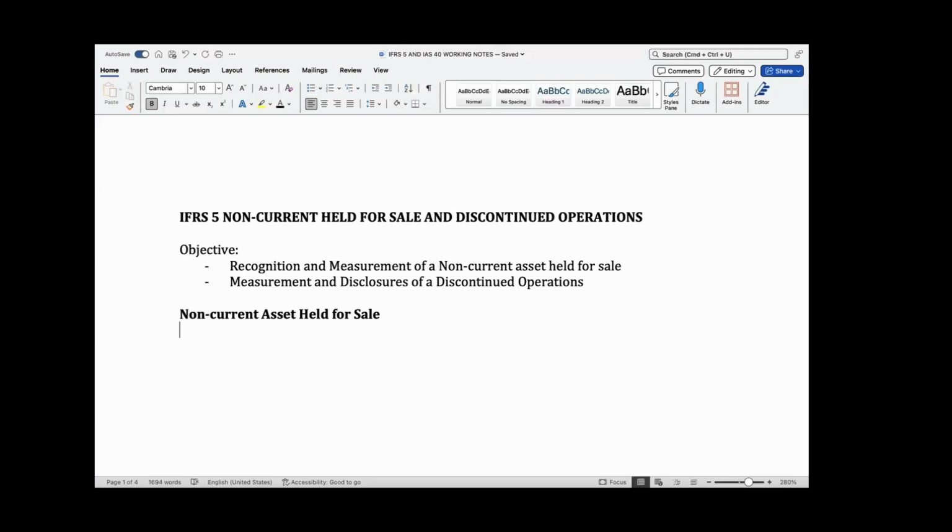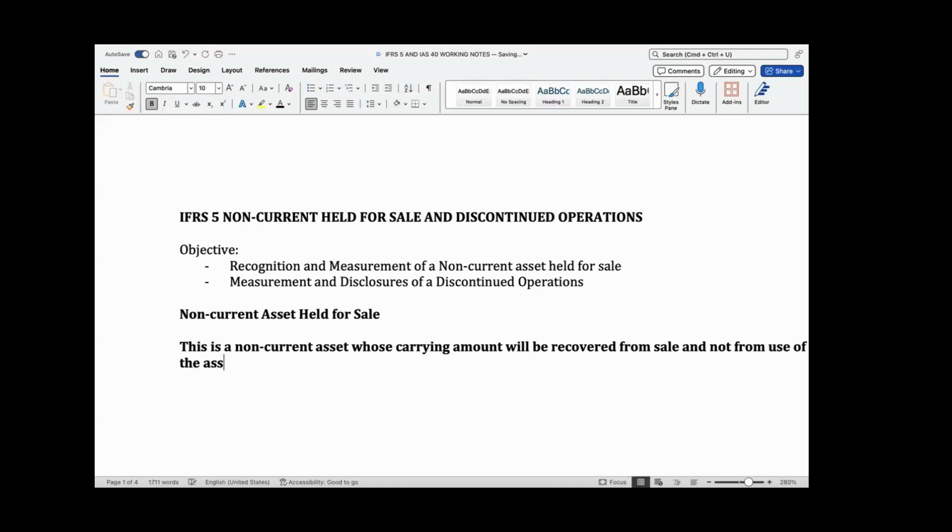So a non-current asset held for sale is a non-current asset whose carrying amount will be recovered from sale and not from use of the asset.